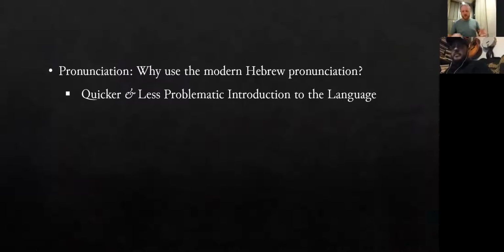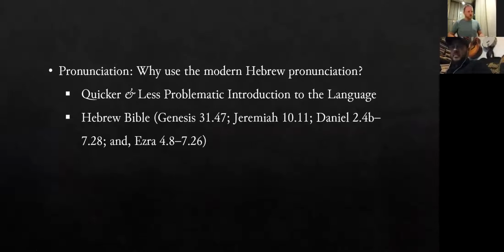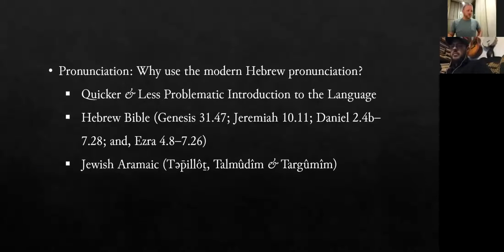Also, we already read the whole Hebrew Bible in that accent, so why not read the Aramaic portions in the same way? And the Jewish Aramaic, like the tefillot, the prayers, Talmudim, and Targumim, Jews across the world basically read the same way that we read Hebrew. So since we're doing that, we may as well go ahead and do it.